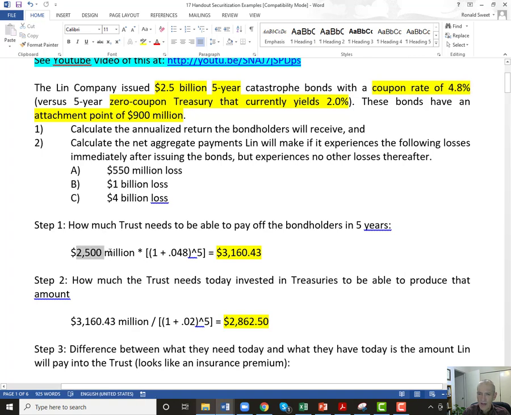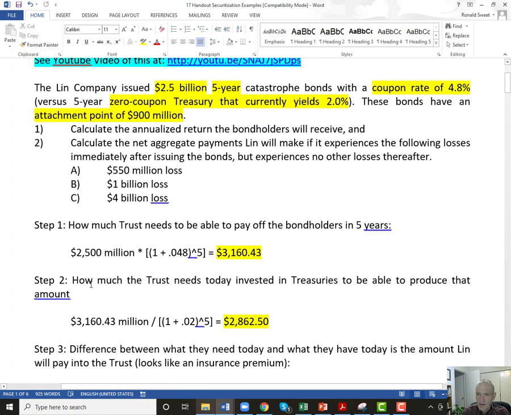So we take $2.5 billion, I expanded it out to millions, times 1 plus 0.048 raised to the 5th power. So they need to have, in that trust, $3,160,430,000. Now what can they do? Well, the trust does not want to take investment risks. They want to be very, very low risk, and the lowest risk thing they can do is a treasury security.